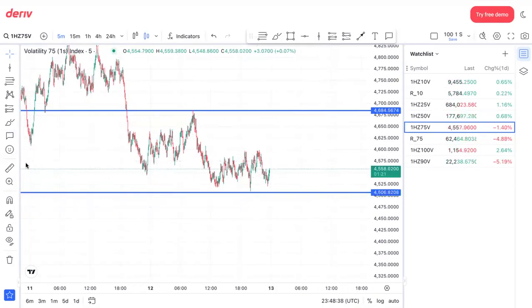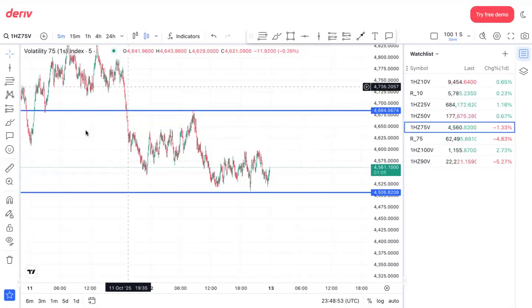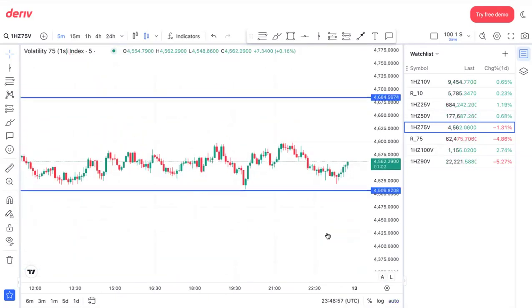All right. It's basically consolidating at the moment, right? So I would not get into this market, none at all. I would wait for it to come out of this consolidation, right?